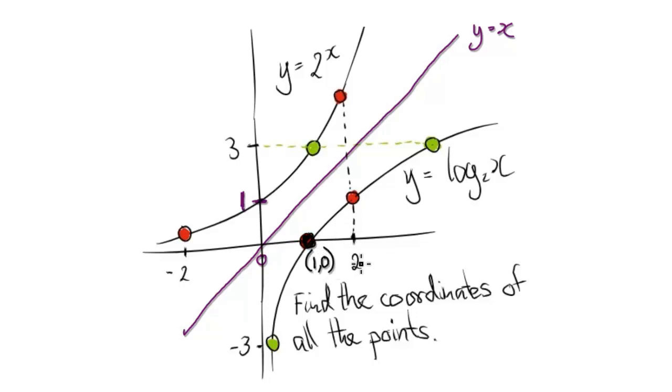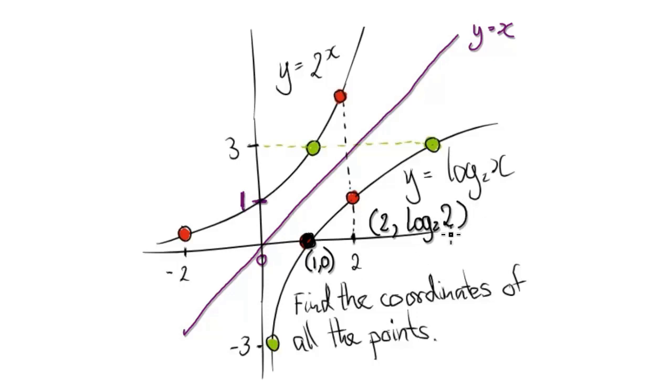And then if you want to know the coordinates here, it would be 2 across, and if you want to know the height, put 2 into here. So it would be log base 2 of 2.